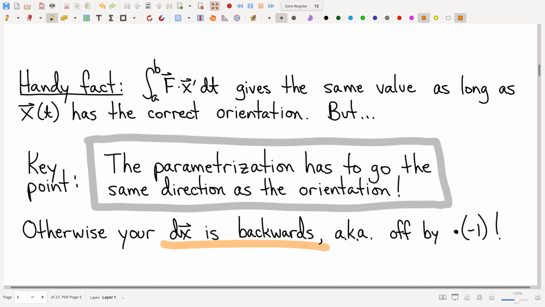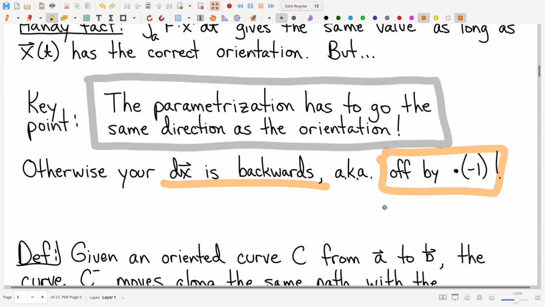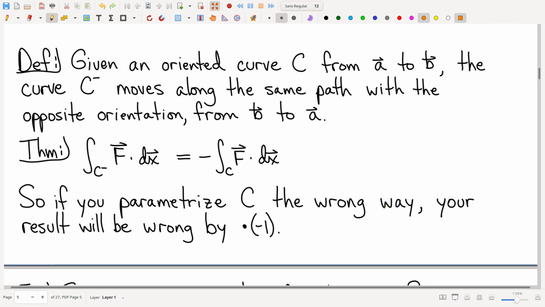That means there's a minus sign that shouldn't be there in every term in your Riemann sum, which means there's a minus sign in your final answer. In other words, you're just going to be off by a minus sign. So the case could be made that this isn't even really such a bad thing. Sometimes this can be helpful. It's so easy to deal with.